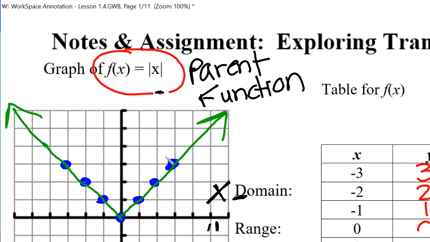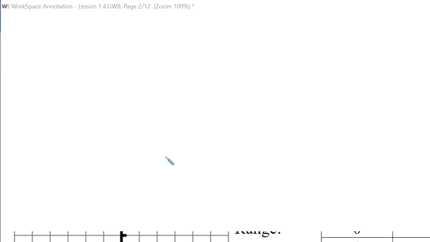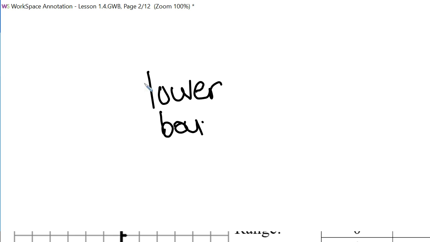Now for our purposes, we are going to be writing our answers using interval notation. For interval notation, we will have 2 numbers in our answer. We will have the smaller number, which I'm going to call our lower boundary, and we will have the larger number, which we're going to call our upper boundary.